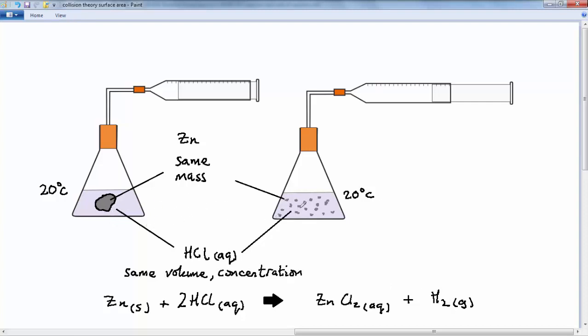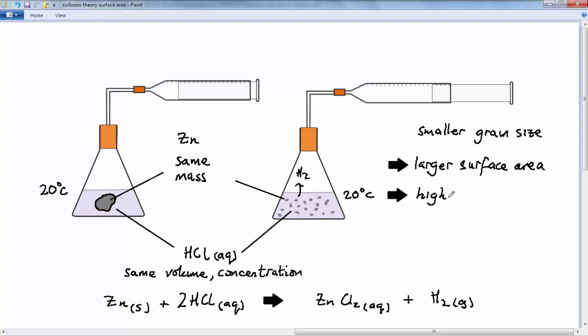You'll see straight away that in this flask the piston of the syringe is pushed out a lot faster, because hydrogen is liberated at a faster rate, because the reaction goes faster since the grain size is smaller and therefore the overall surface area is larger. So we can say smaller grain size, larger surface area, higher reaction rate. Therefore this piston moves faster.